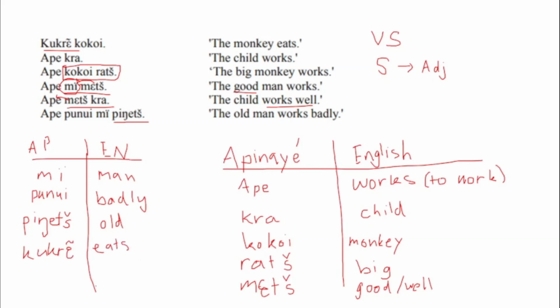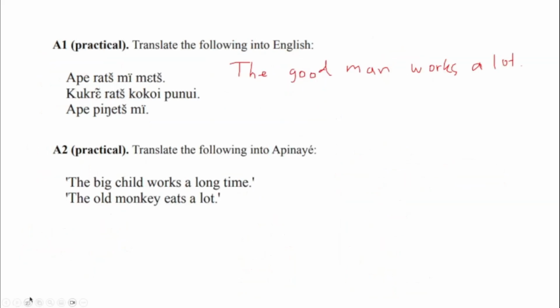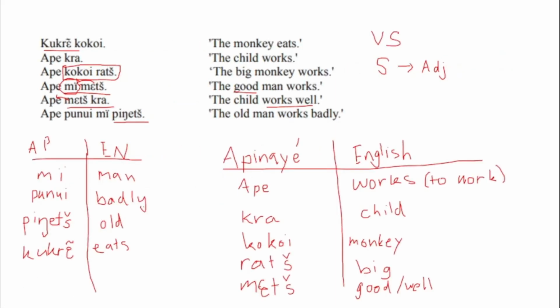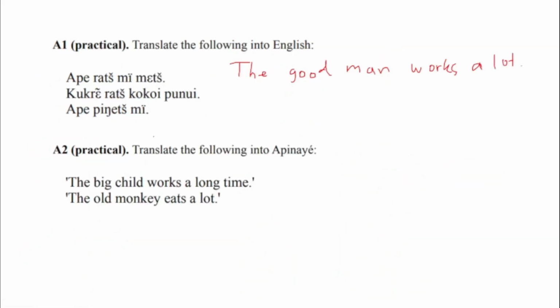Okay. Let's go back here. So, eats big. This is eats big. Kokoi punui. Remember, punui is badly, or could be bad.